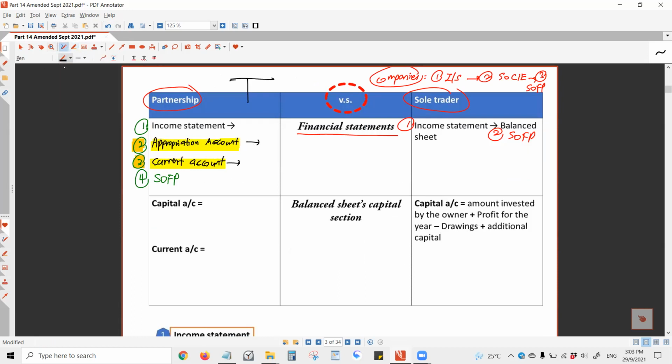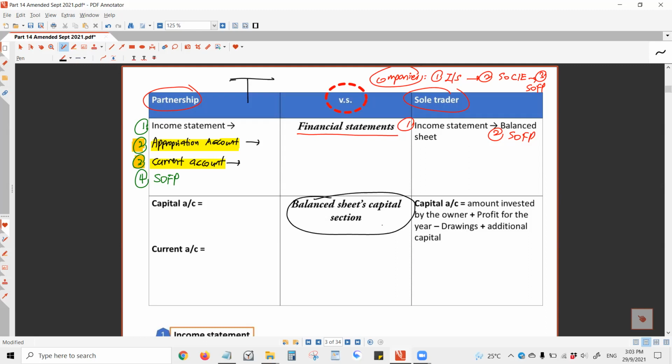And so that's the first difference between sole trader and partnership in terms of accounting. For financial statements, for partnership, you have to prepare 4 things: income statement, appropriation account, current account, and SOFP. Now, the second difference is in the second row here.